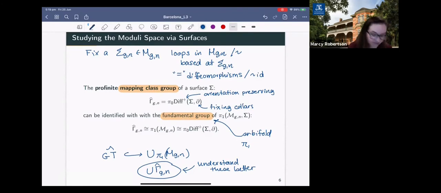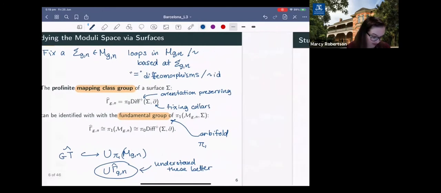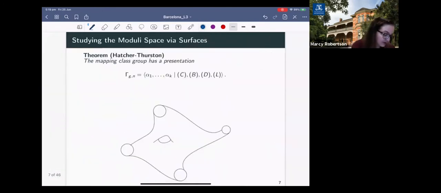And in fact, we have quite a lot of control over the mapping class groups. So it's a theorem of Hatcher and Thurston from the 80s that the mapping class group has a nice presentation, right? So the generators here, what I've written as alpha 1 through k, these are Dehn twists.